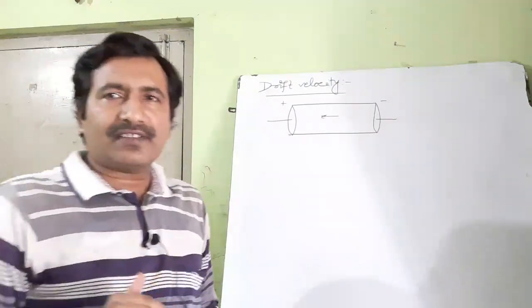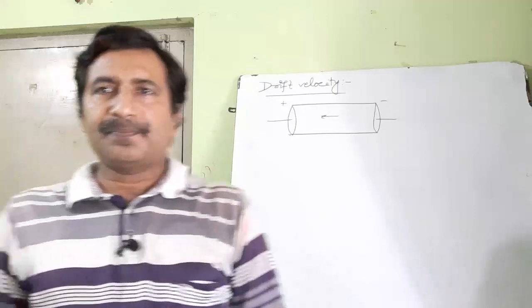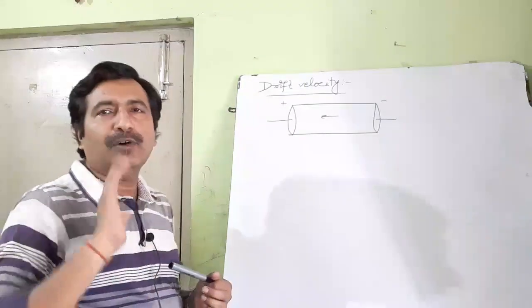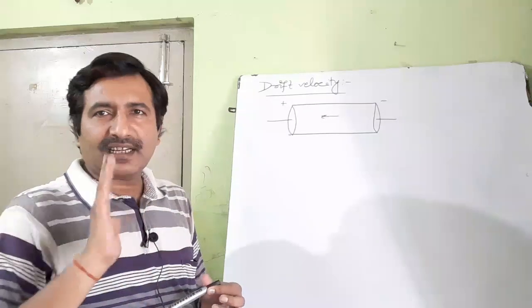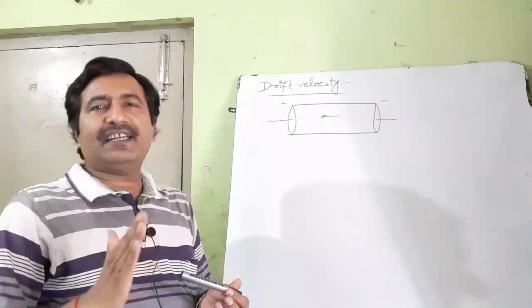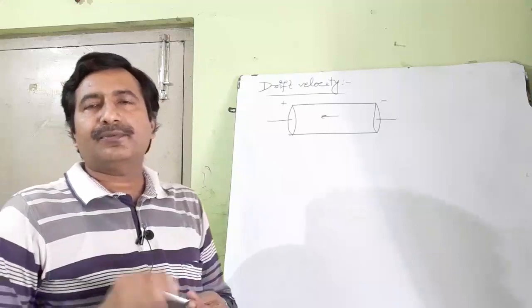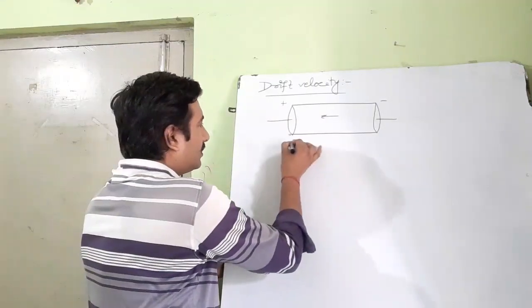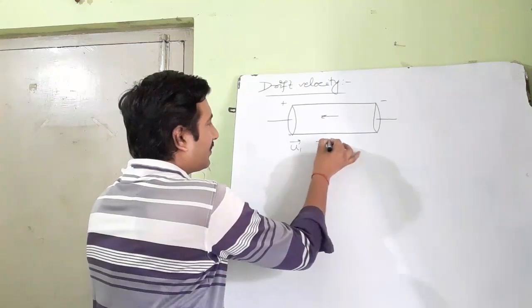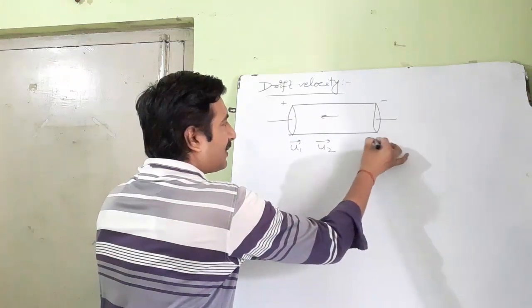When there is no potential difference across the conductor, the velocities with which free electrons move are called thermal velocities. So let us start from there. When there is no potential difference across the conductor, n free electrons are moving with thermal velocities u1, u2 and un respectively.